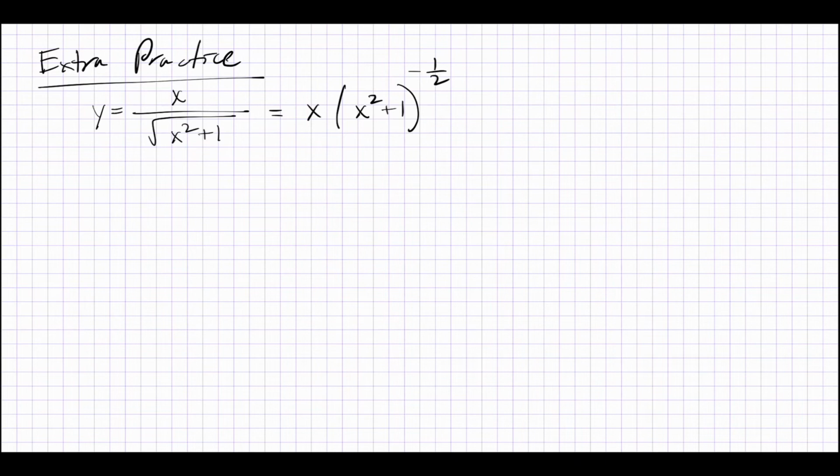So there are two ways to go about this. The first way is to use the quotient rule, right? That works. To use the quotient rule, before I would use it, I would take away this guy here and change it to a 1/2.